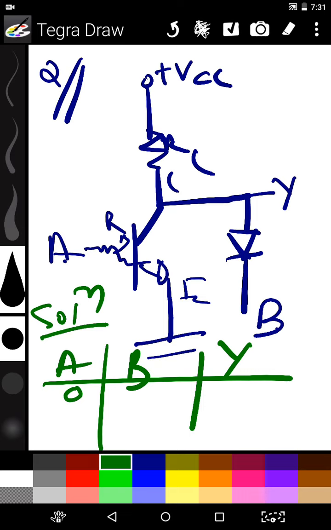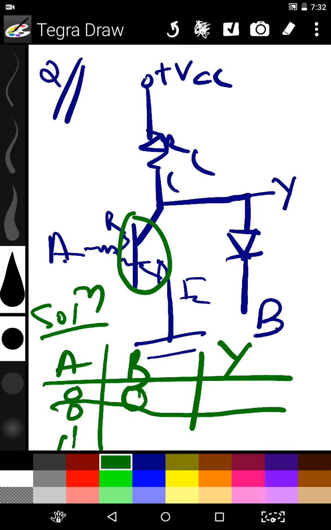When A is 0, the transistor is in the off condition. That means VCC goes directly through the diode and appears at the B terminal. If B is also 0, then for the 00 input, the result will vary.